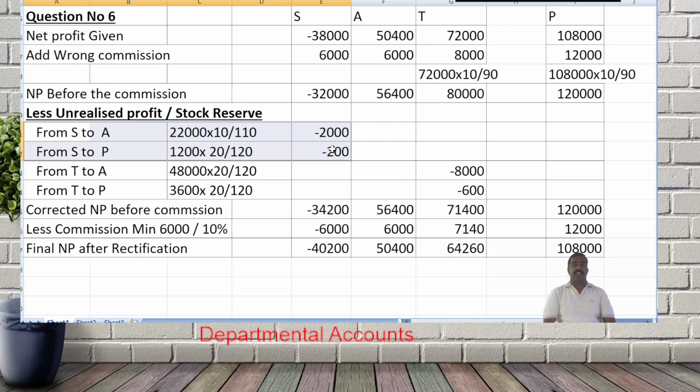Please remember, while eliminating the unrealized profit, eliminate from the department which has charged the profit. S to A, S to P eliminated from S. T to A, T to P eliminated from T. Then you will get corrected net profit before the commission. Eliminate the commission, and you will get the final net profit after rectification.